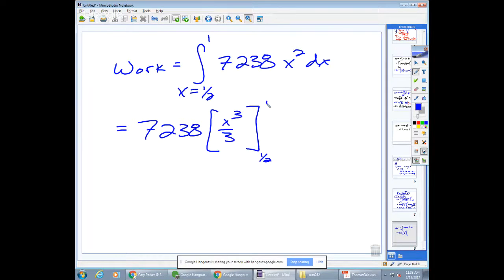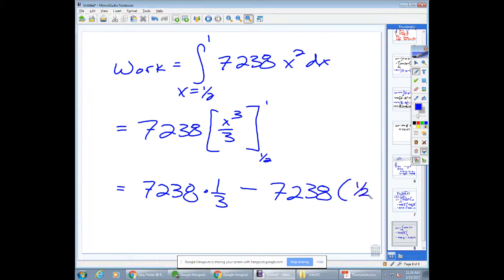The first part is just 7,238 times 1/3, minus our previous answer of about 302, which is 7,238 times 1/2 cubed over 3. Yeah, that's our previous answer.